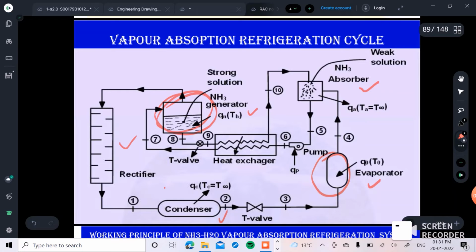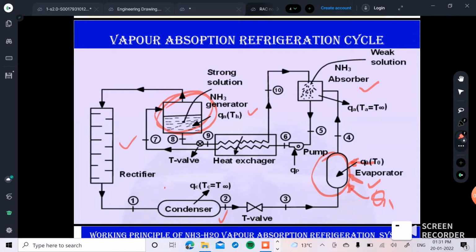You can see here in the figure, the evaporator absorbing its latent heat from the materials like this. Suppose Q1 is the amount of heat absorbed by the evaporator.